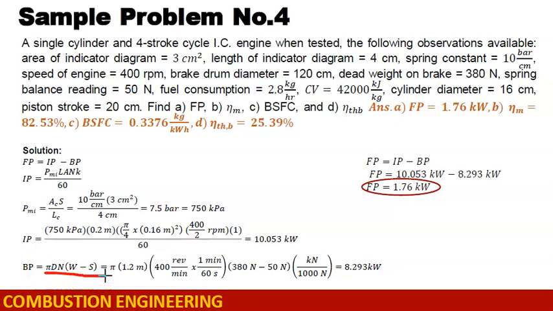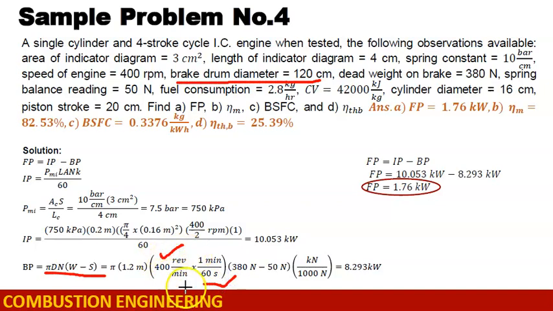Our D here represents the rope brake diameter, which is also given. The brake drum diameter is 1.2 meters. N is the number of revolutions per minute. We need to convert it to seconds.